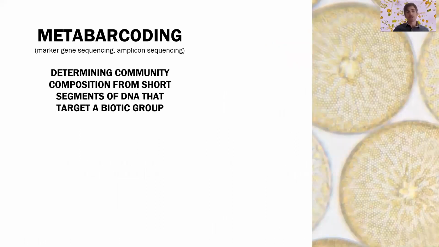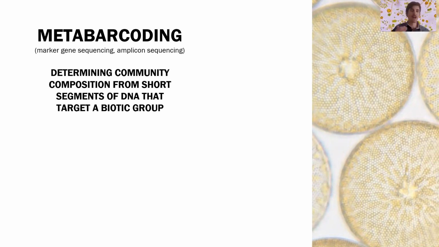So I want to introduce you to a DNA technique called metabarcoding that I'm going to spend the bulk of my presentation discussing. It's a term many of you might have heard of that also goes by the terminology marker gene sequencing and amplicon sequencing. What happens in metabarcoding is that we determine community composition from short segments of DNA that target a biotic group, in this case diatoms. Those short segments of DNA are called barcodes, marker genes, or amplicons.